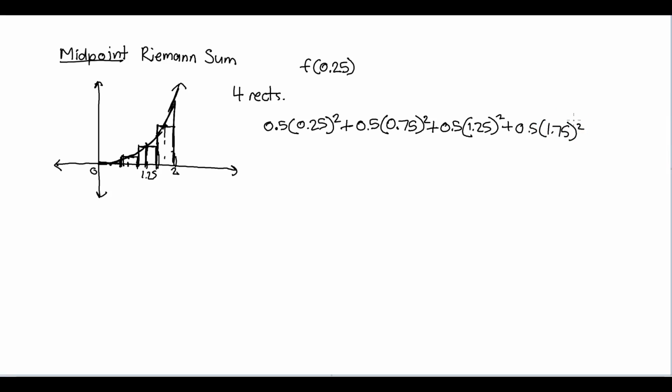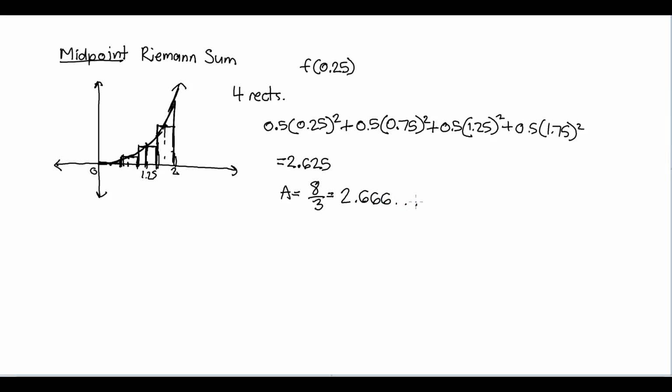And if we evaluate this sum, let's put it in a calculator: 0.5 times 0.25 squared plus 0.5 times 0.75 squared plus 0.5 times 1.25 squared plus 0.5 times 1.75 squared, we get 2.625. And the actual area is 8 over 3 equals 2.666.